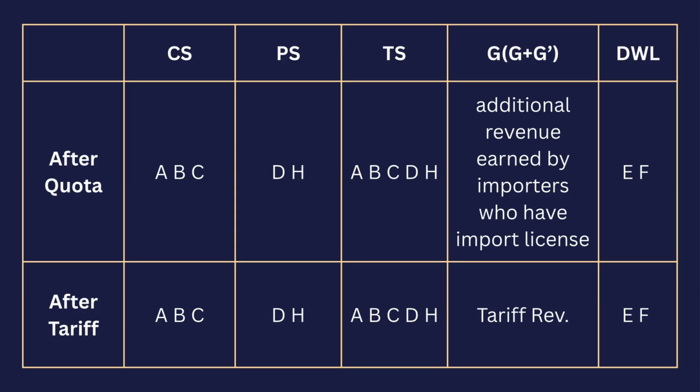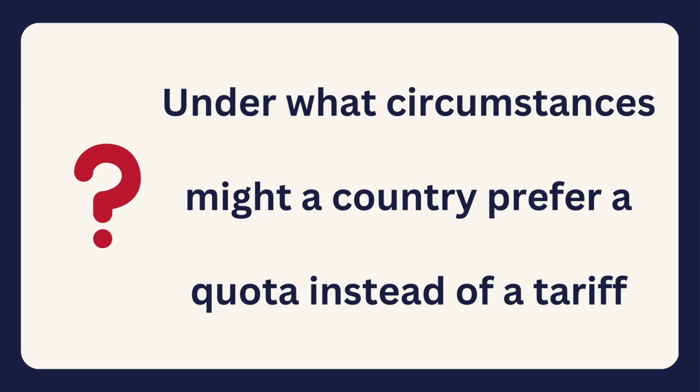The difference is in the area G, which represents the tariff revenue in tariff policy and additional revenue earned by importers who have import license in quota policy. Besides, the two ways yield different new supply curves. Under what circumstances might a country prefer a quota instead of a tariff?